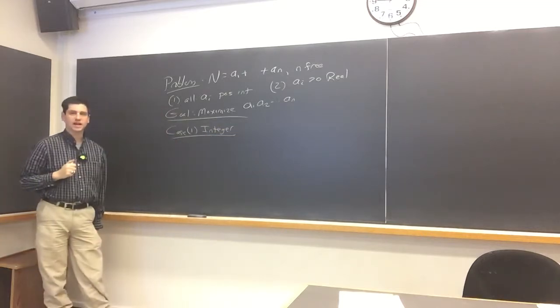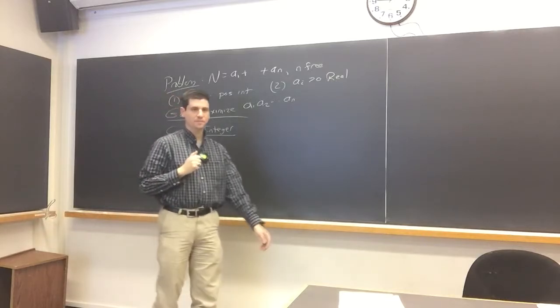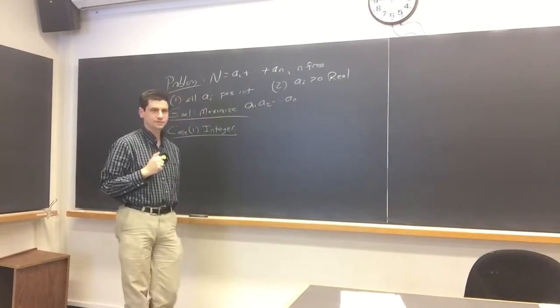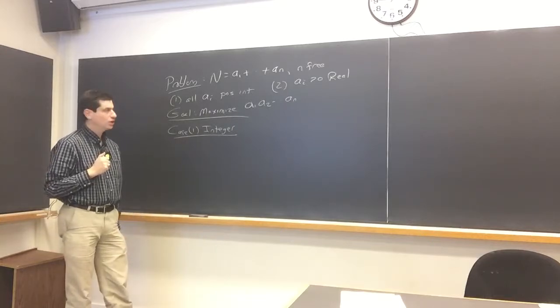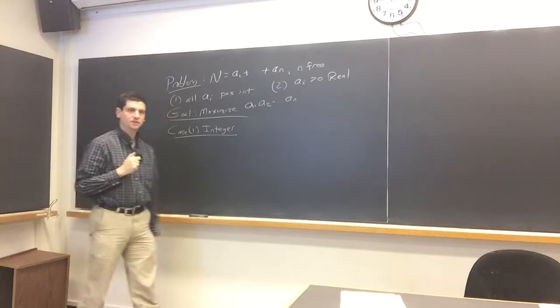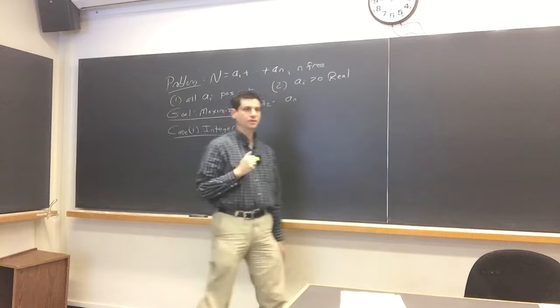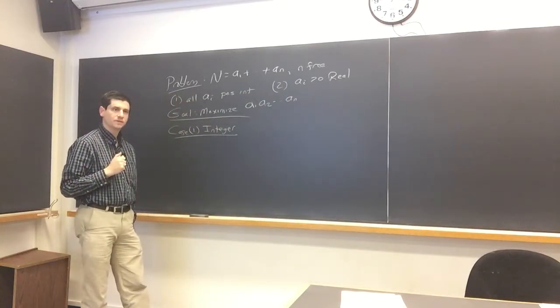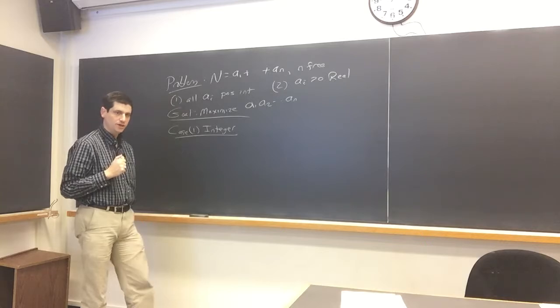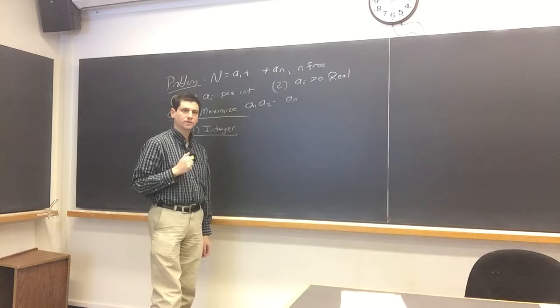Any thoughts on how we should attack this problem? Yes. We want all the a's to be as close to each other as possible. Okay, why do you want them to be close to each other as possible? Because if you can think of the case where a1 and a2 are say 2 apart, like n and n plus 2, increasing a1 and decreasing a2, you can show an improvement.